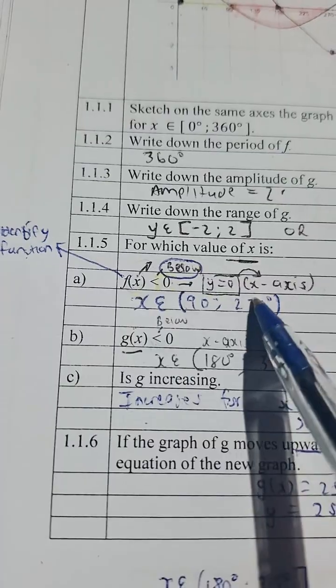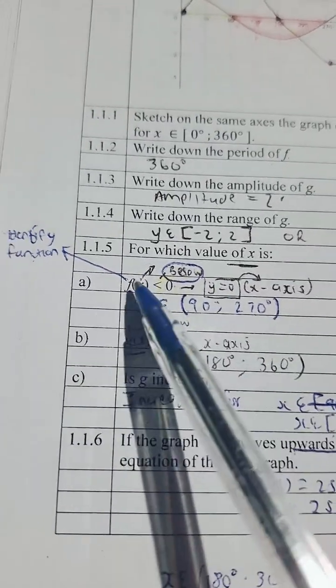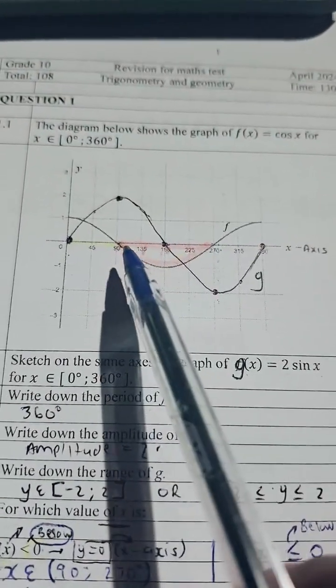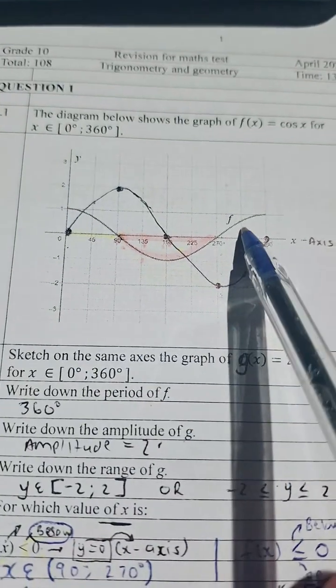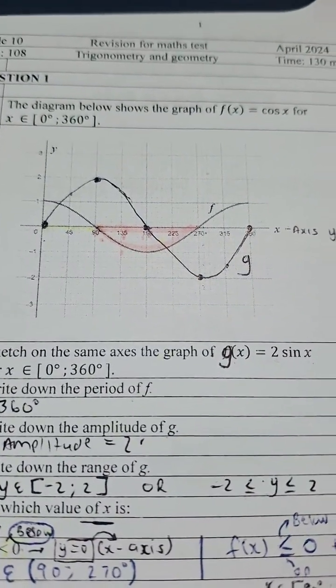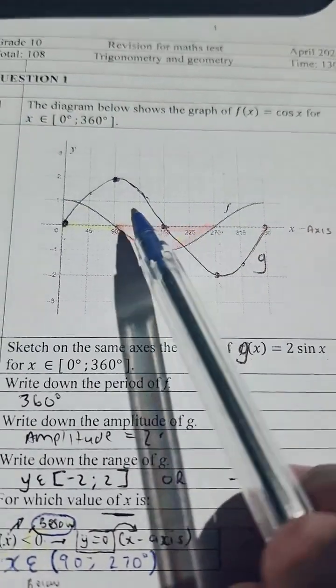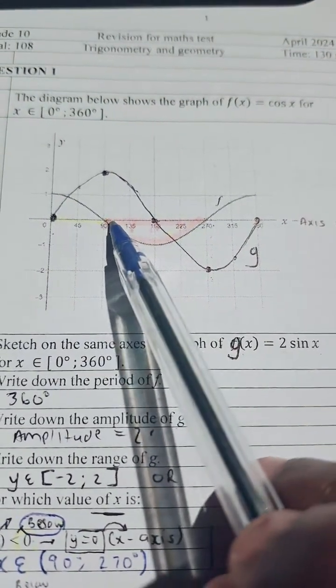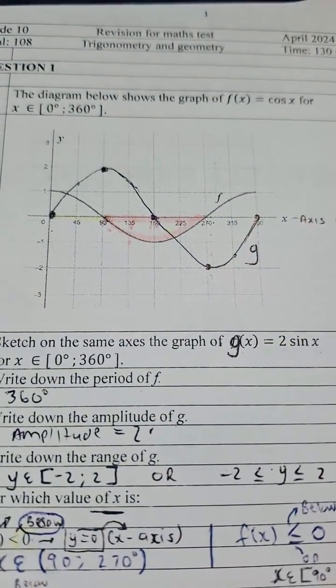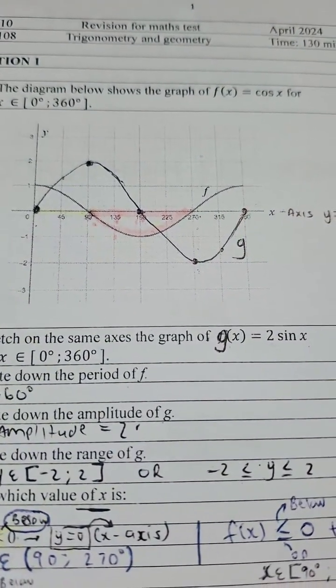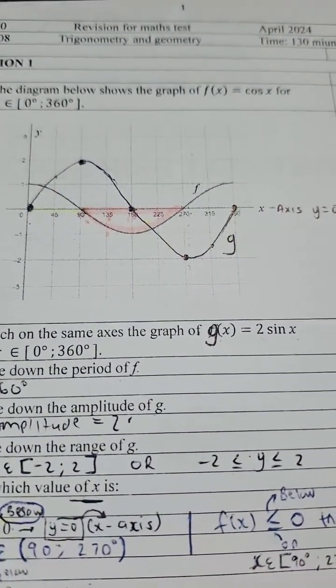Below the x-axis. So now we can say, okay, in this function, where is the region or the interval where this function is below the x-axis? We can clearly see it is from 90 to 270. You see that? Okay, guys, I hope you are really seeing that.